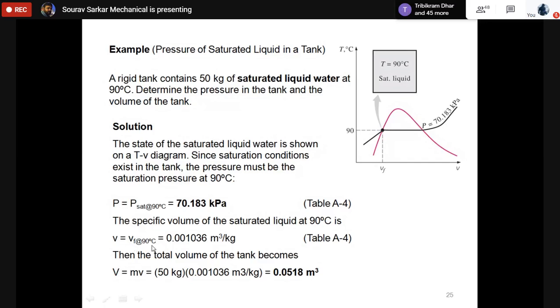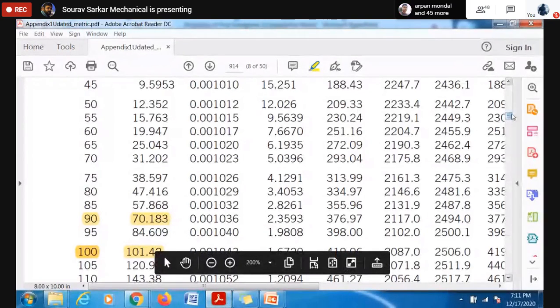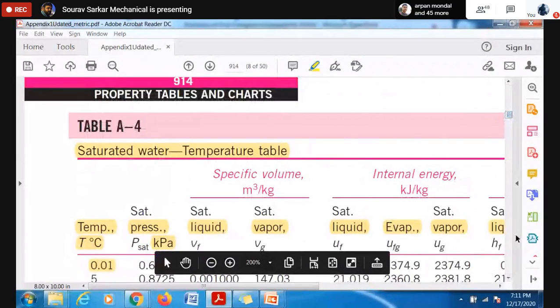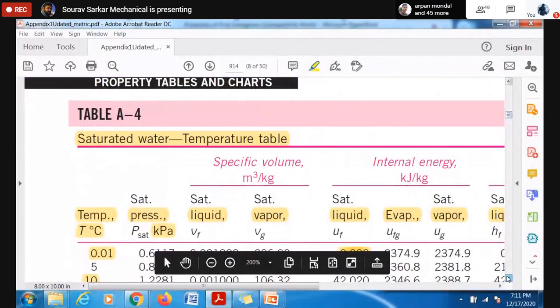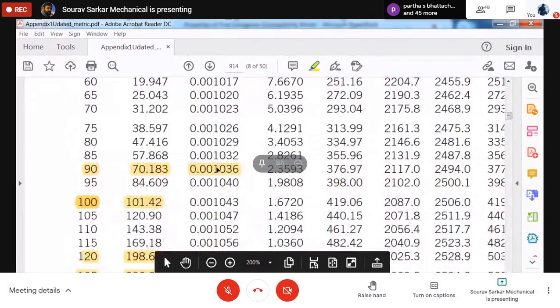Is that true? Okay. So vf at 90 degrees Celsius is equal to, let's go back to the table. This is the vf, the third column. If I go down to 90 degrees, it will give me this volume.